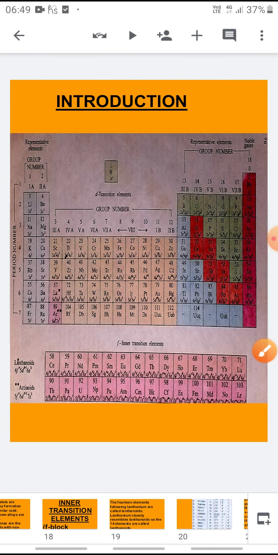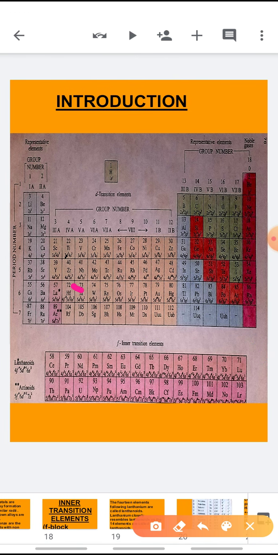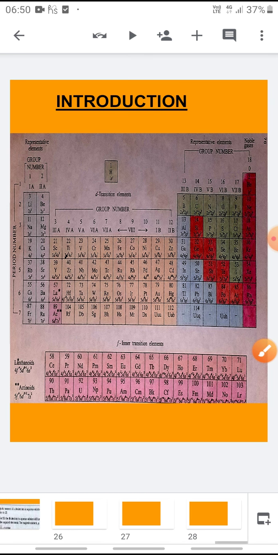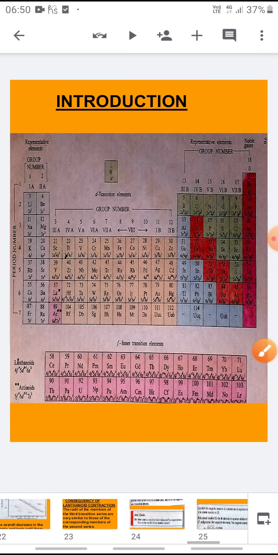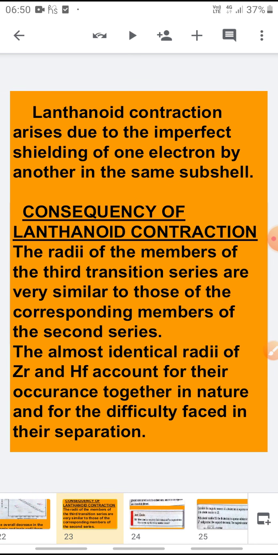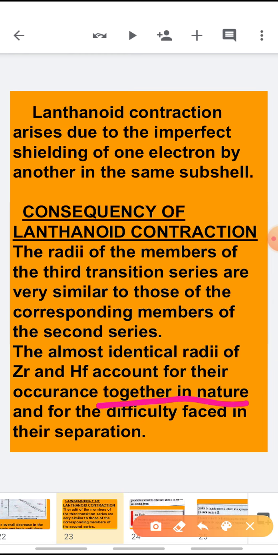Similarly, all these elements have sizes almost similar to this element. Because of these identical radii, they occur together in nature and there is great difficulty in their separation. This is the consequence of lanthanoid contraction.